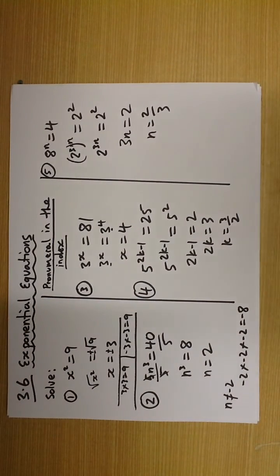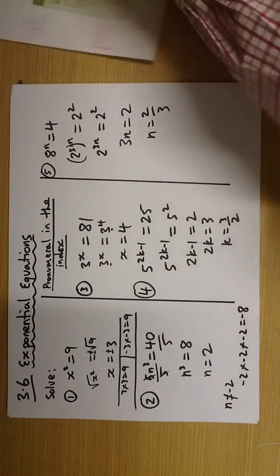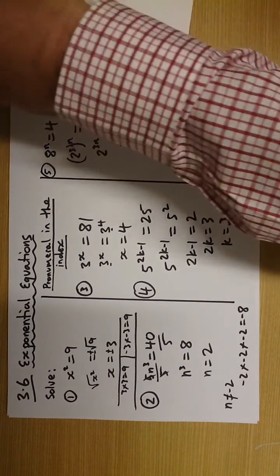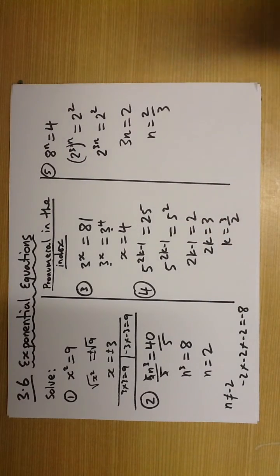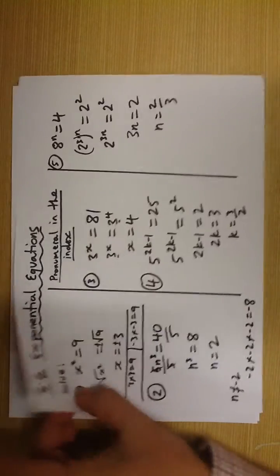Okay. Now, they do get a little bit more difficult. I'll just show you something a little bit more crazy. They get crazy like this. This is as hard as they get. You can get things like, let's pick something crazy out of the exercise.